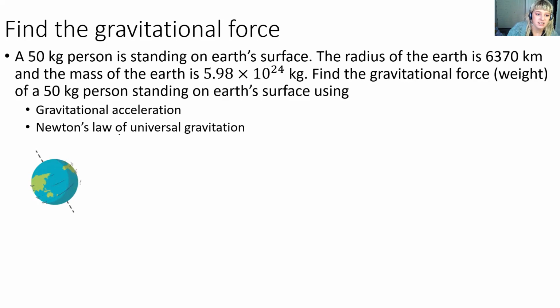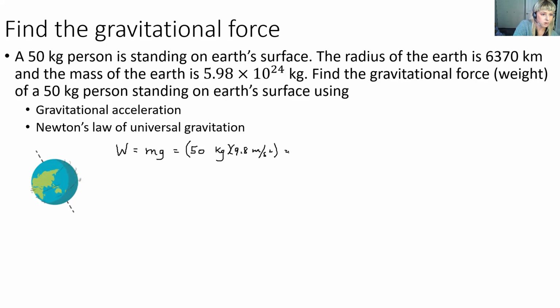If I use gravitational acceleration, the weight of the person is equal to their mass times the acceleration due to gravity. And the weight is the force that pulls down on the person. Their mass is 50 kilograms, and the acceleration due to gravity is 9.8 meters per second squared.